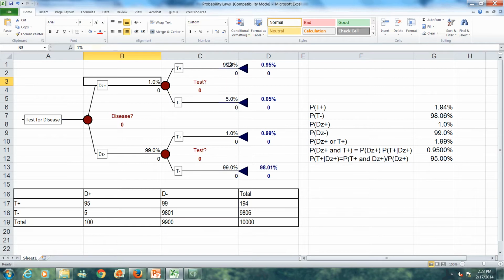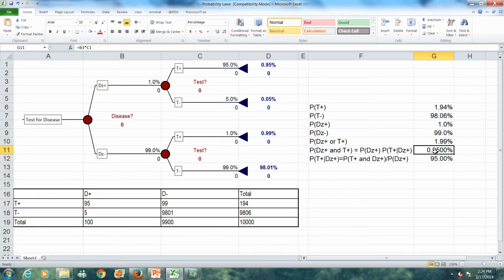Given that I have that information now, I know there's a 95% chance this person will test positive. So this is the value here, the probability that they test positive given disease positive. So once again, we multiply those two together to get this value.